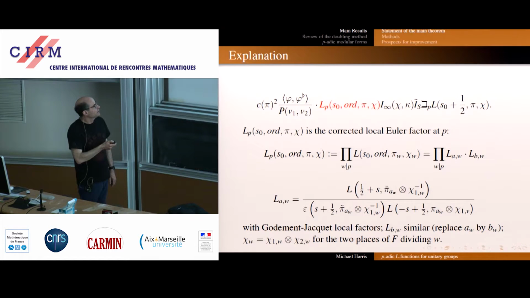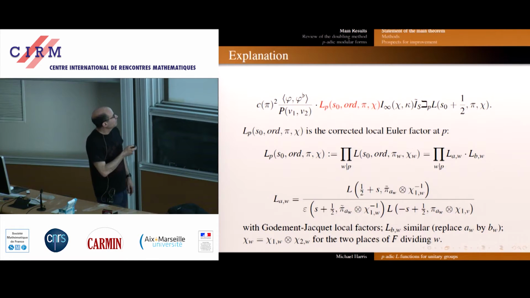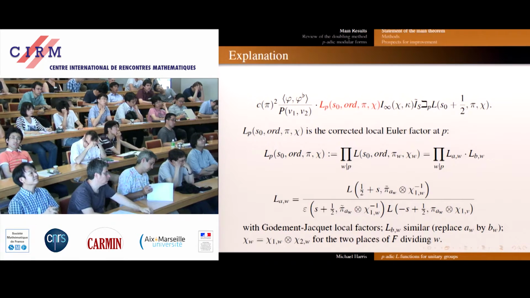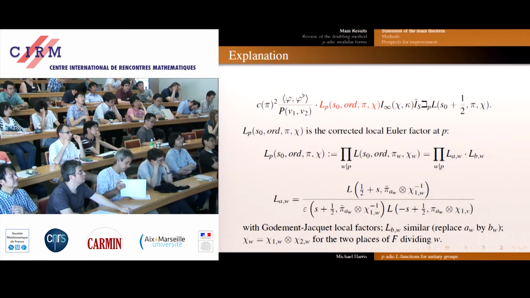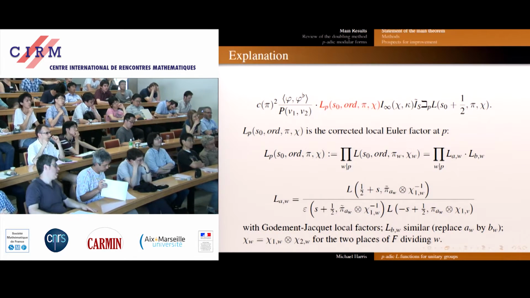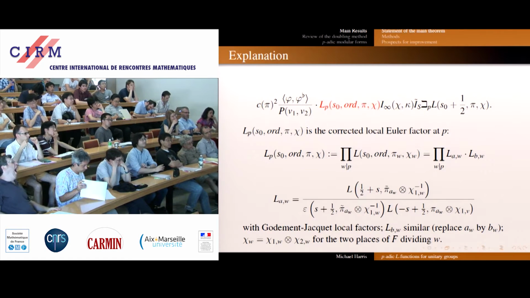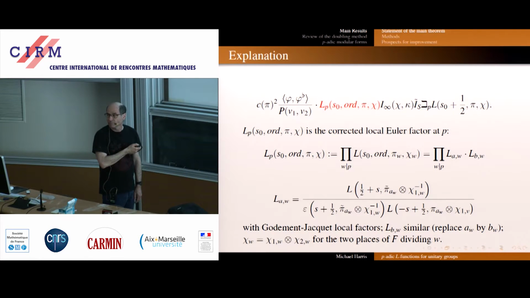And what you get is some piece of it in the denominator and the dual at a different point in the numerator. Okay, so this is a point s0. And then there's also an epsilon factor. So that's the L-function for A, this is a GL_n L-function, this one too. And then there's another one for B, which is exactly the same, except you replace the A's by B's. Okay?